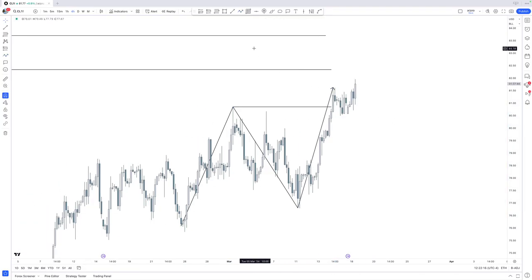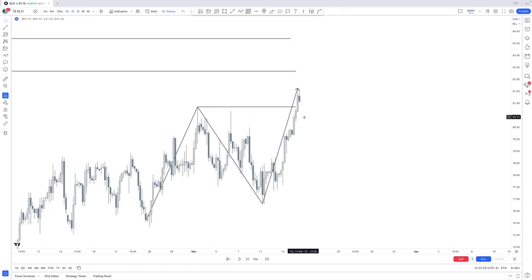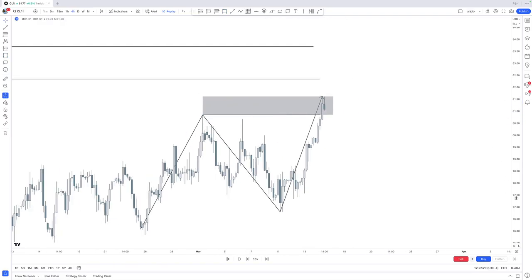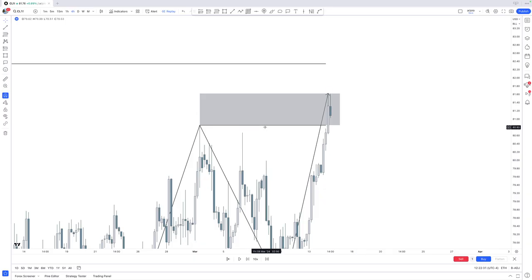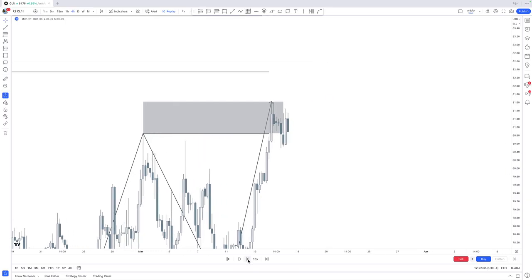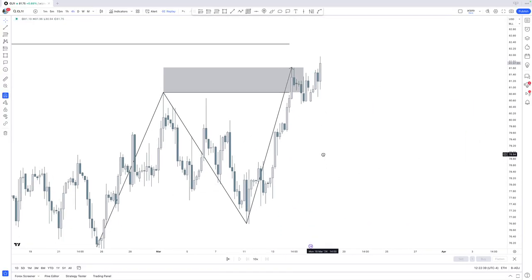So the only place at this moment in time where we have not offered fair value just yet is above the high right there, above the mitigation block high. So this right here, how far can we retrace? Towards the mitigation block high right there before we actually continue higher right there. So that is the fair value area. We are offering fair value right there to then continue higher off of that.